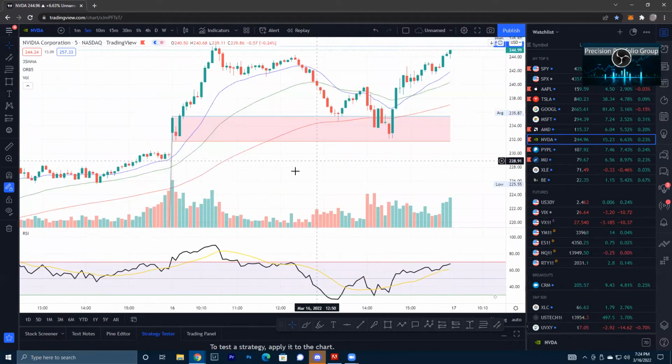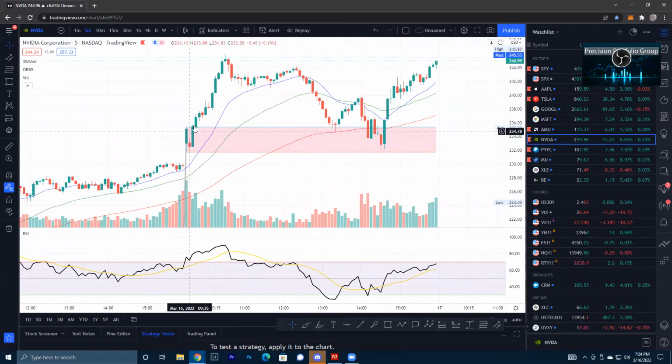This is what it is. So right now, this is the 5-minute candlestick, and it will set that parameter around the 5-minute throughout the day. So this is basically a whole day price action of NVIDIA.